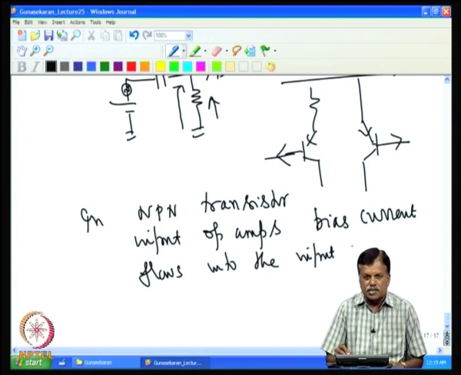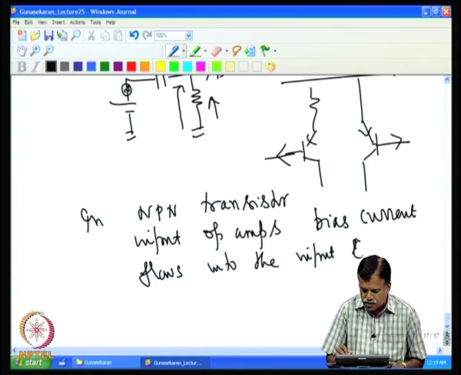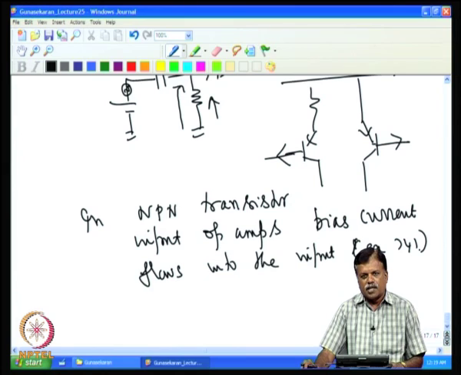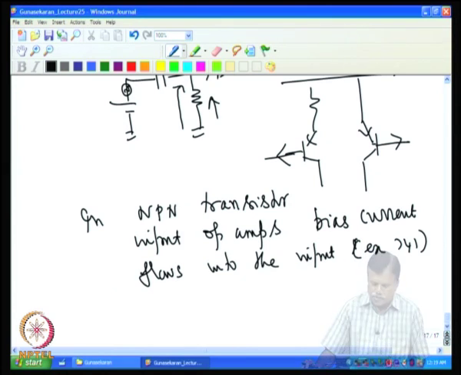Most of the op amps are like this. For example, 741, 714, and so on, most of the op amps are NPN type, and the bias current flows in.